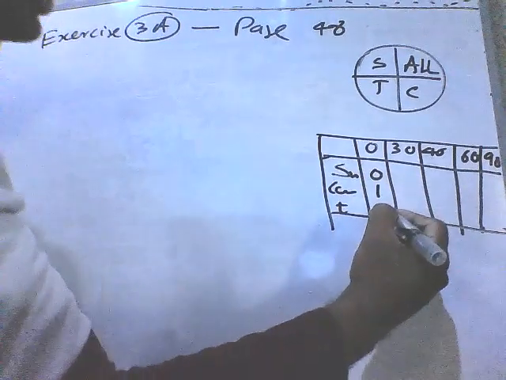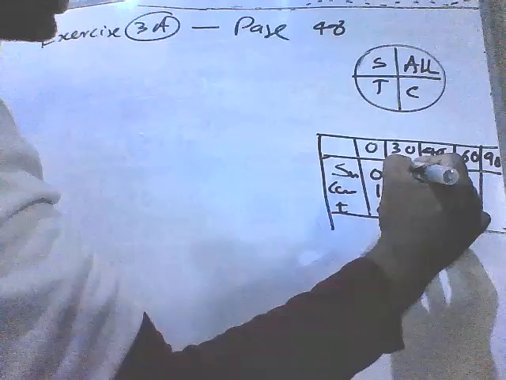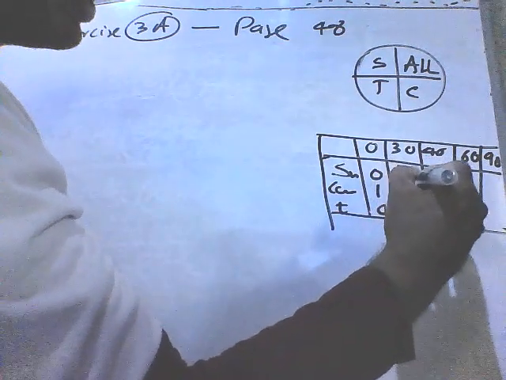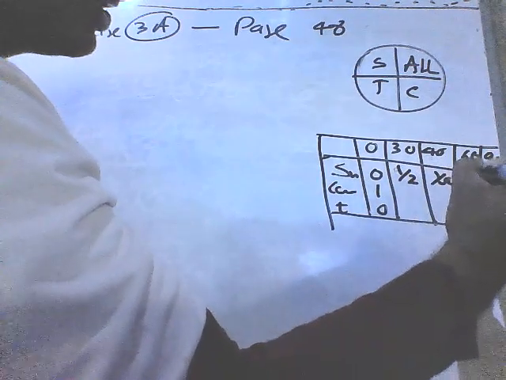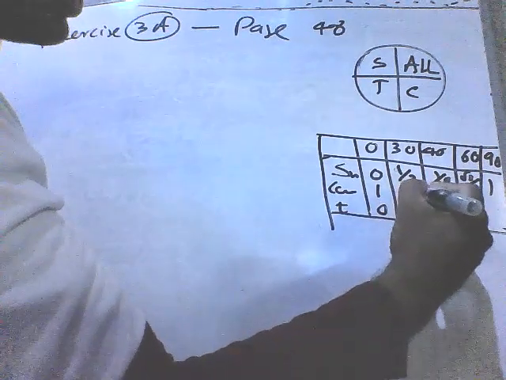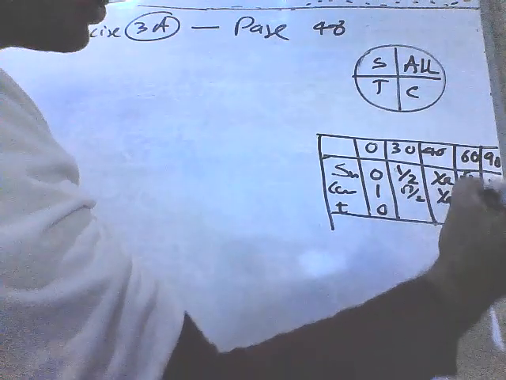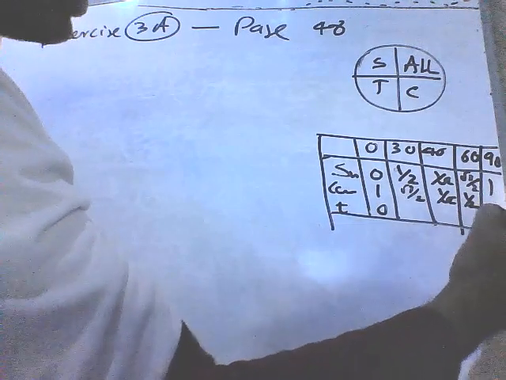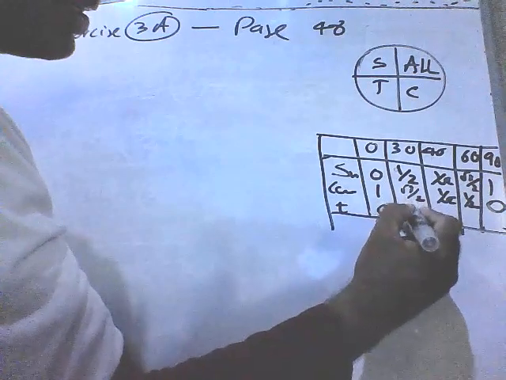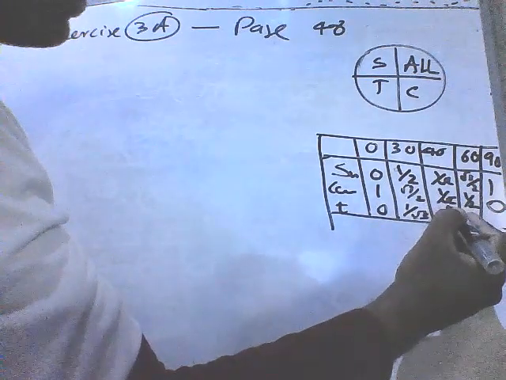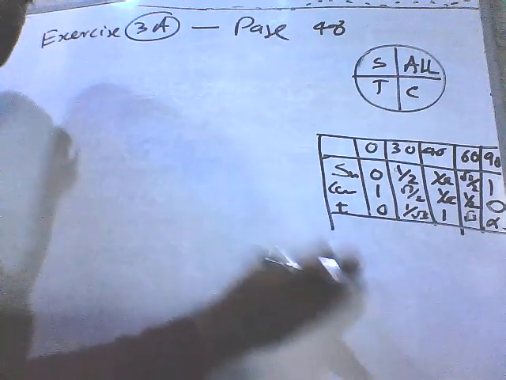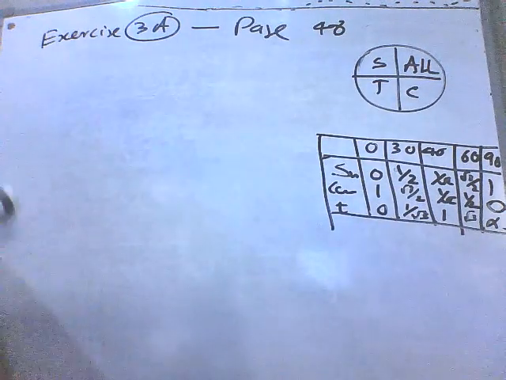Sine: 0, half, 1 over root 2, root 3 over 2, 1. Cos: root 3 over 2, 1 over root 2, half, and cos 90 is 0. Tan: 0, 1 over root 3, tan 45 is 1, root 3 for 60, and 90. So these two things you should have in your memory, right?